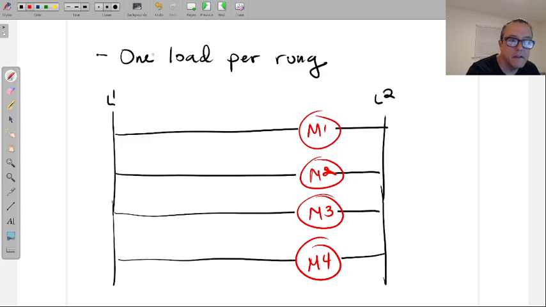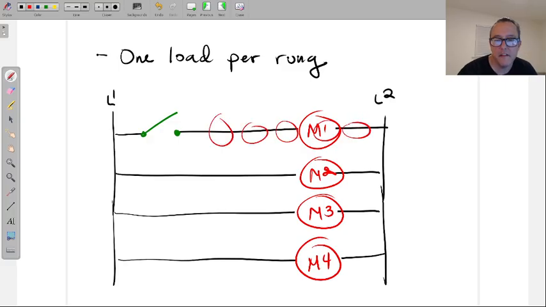Even if the thing that is going to start all of them at the same time is one single switch, the idea is don't put motors 1, 2, 3, 4, and 5 on the same rung. Everybody gets his own rung. So in a system where I have, let's say, 4 motors that are about to get started, automatically that's 4 rungs.